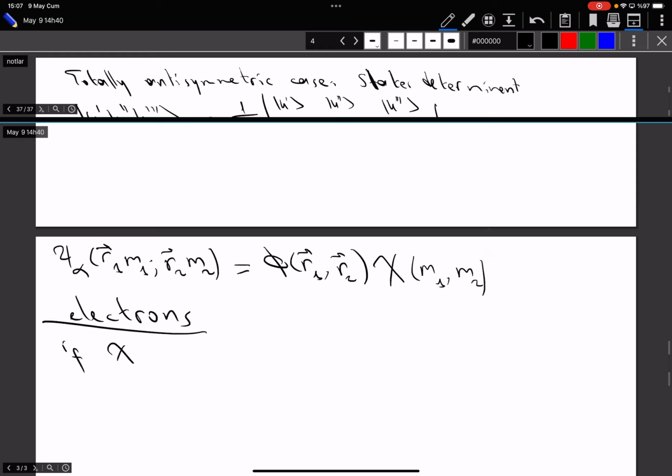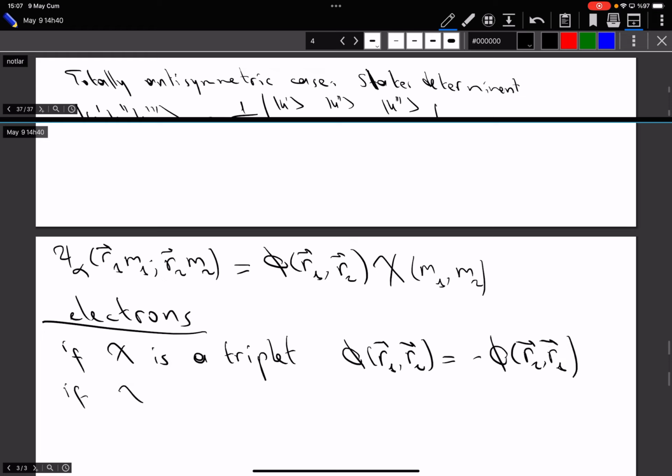If chi is a triplet, phi(r1, r2) should be equal to minus phi(r2, r1). And if chi is a singlet, then phi(r1, r2) should be equal to plus phi(r2, r1).